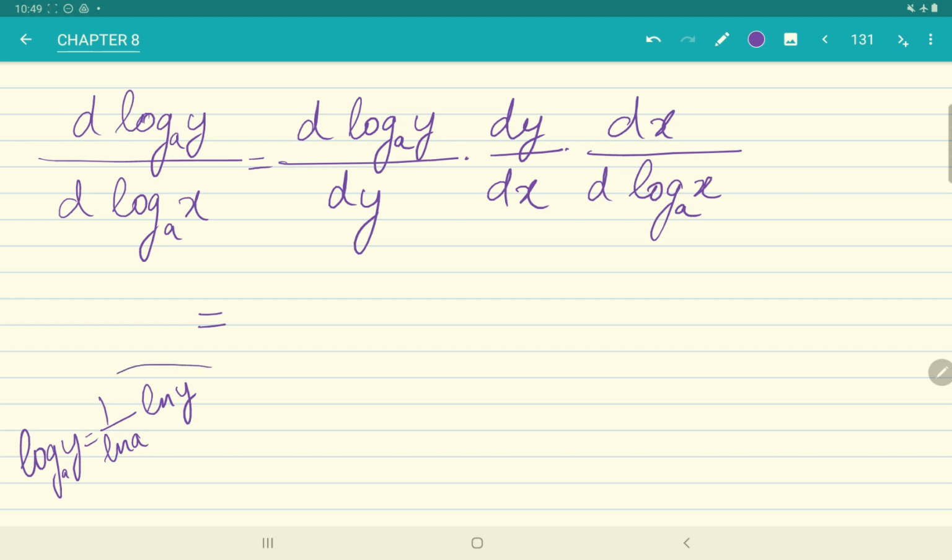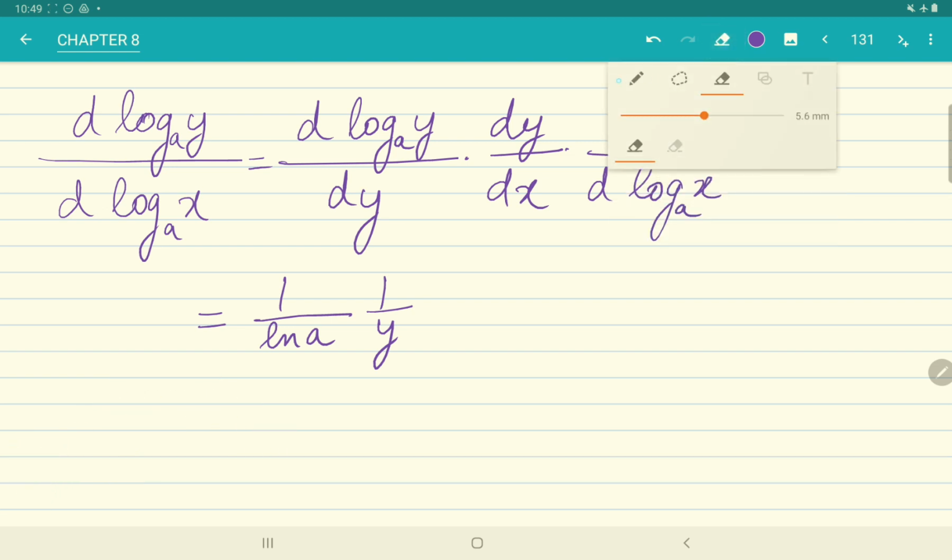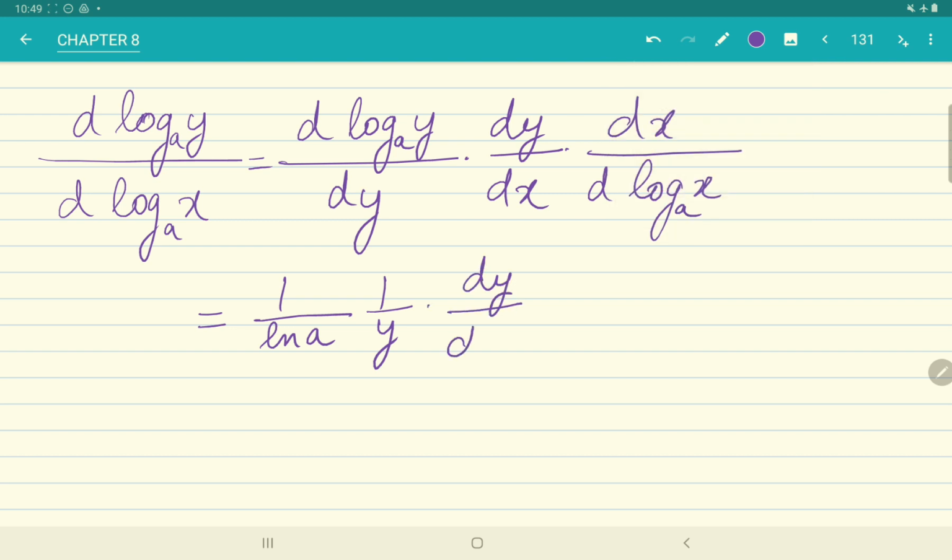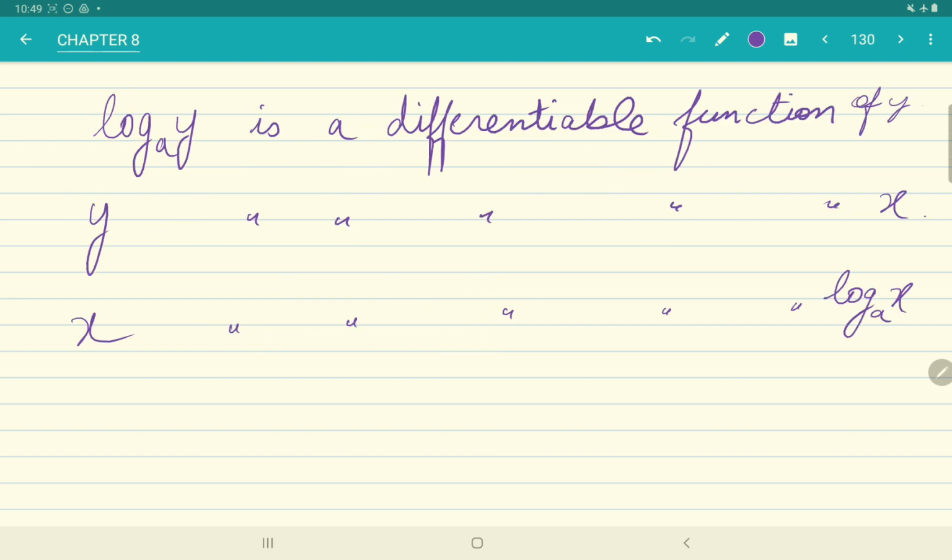I want to differentiate this with respect to y. So I would have 1 by ln a, 1 by y. Then it is dy by dx, and then it is dx by d log x to the base a.